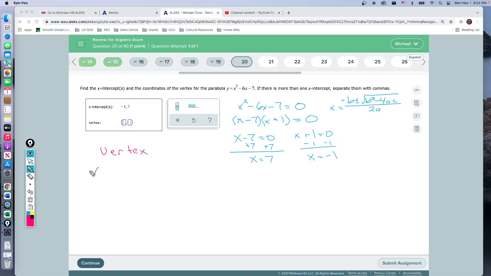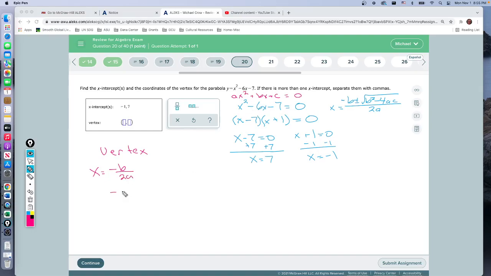The x coordinate is equal to minus b over 2a. A quadratic in standard form is ax squared plus bx plus c equals 0. That's how we usually write it. So a is the number in front of the x squared, b is the number in front of the x, and c is the number by itself. So b is going to be, in this case, negative 6.